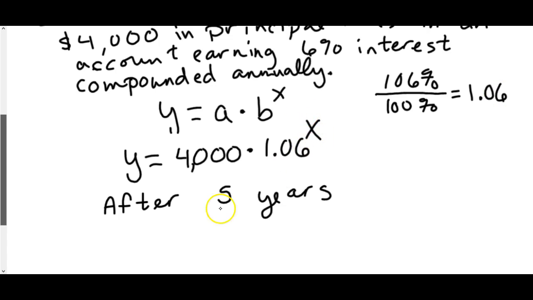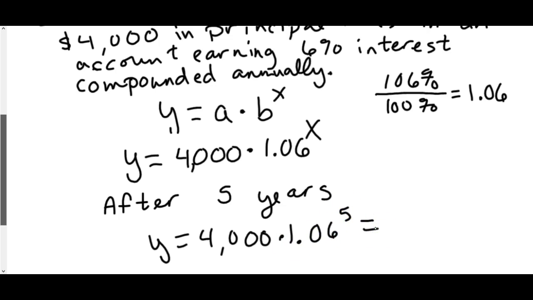You'll see an example where if we're compounded quarterly or semi-annually or monthly, how it's going to change things. But if we're compounded annually, we get to just plug in 5 for x, and then plugging that into our calculator gives us $5,352.90. So if you've found somewhere to invest your money at a 6% interest rate, that's how much money you'd have after 5 years.